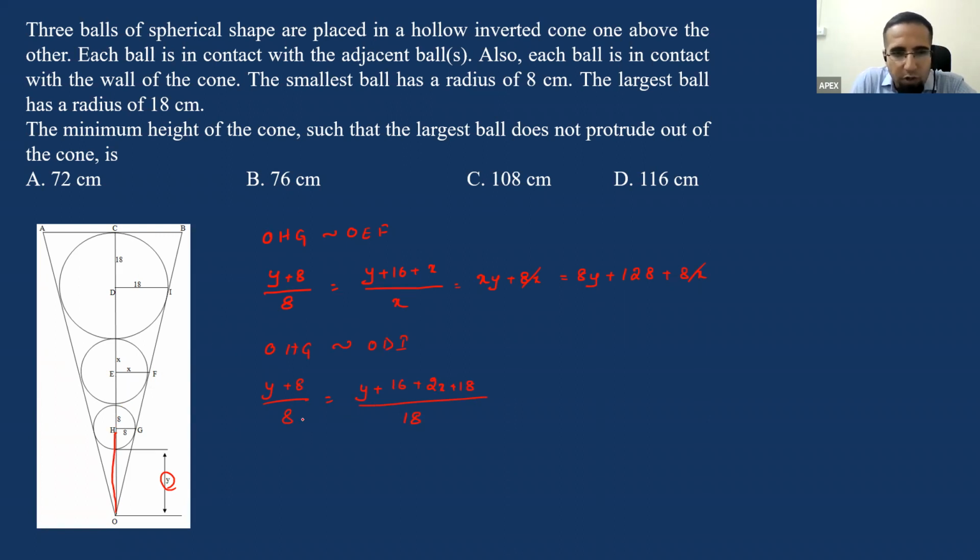So this I can go with 2 4s and 2 9s. So 16 plus 18 is 34. Clear? Now what will this give me? This will give me 9y plus 72 will give me 4y plus 34 into 4, 4y plus 8x. Clear, guys? That's 4y plus 8x.